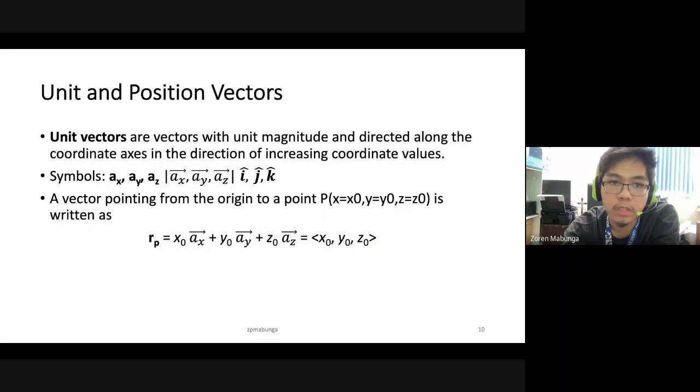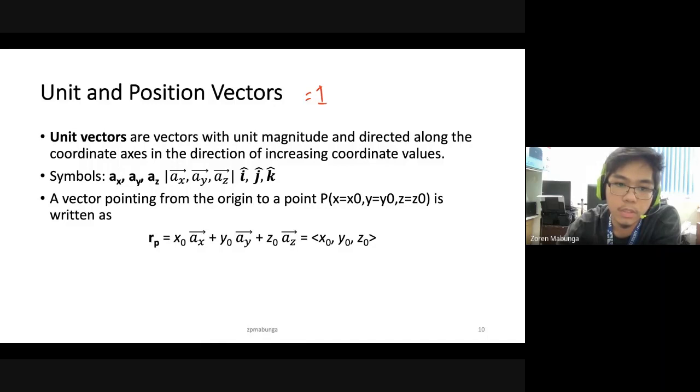Okay, so tuloy natin. Unit vectors ito, special type ng vector in which yung magnitude niya is 1. So unit vectors are special type of vectors with unit magnitude, or magnitude equal to 1. So pag kinuha mo yung magnitude ng vector na yun, equal lang sa 1. And directed along the coordinate axis in the direction of increasing coordinate values.